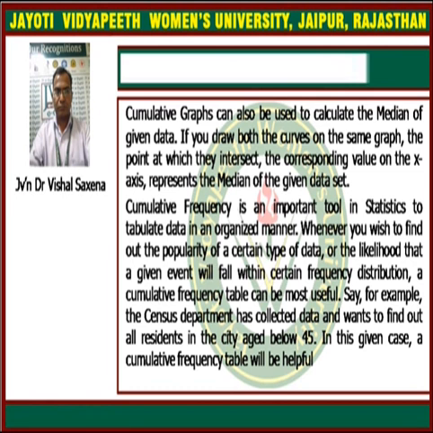As we saw in the previous slide, when we draw the more than type of ogive and the less than type of ogive together, the intersecting point of the two curves gives the median. So it is an advantage to find the median of the data by cumulative graphs.